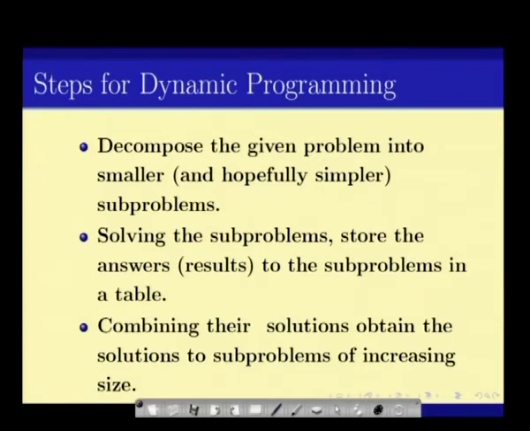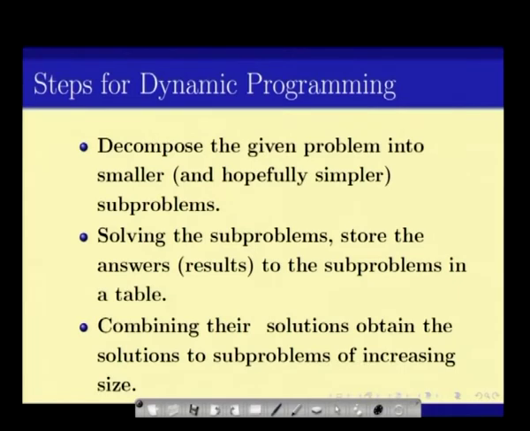Now, for each of the smaller sub problems, solve it and store it in a table, and then finally use the data in the table to get back your solution. So, this is basically the framework of dynamic programming. We will come back to this framework again and again, but maybe the best way of understanding it is via examples. So, let us start with a problem which uses dynamic programming.